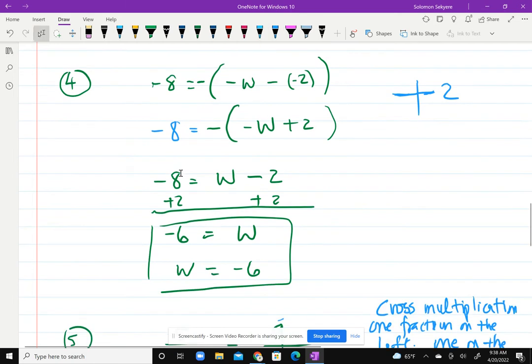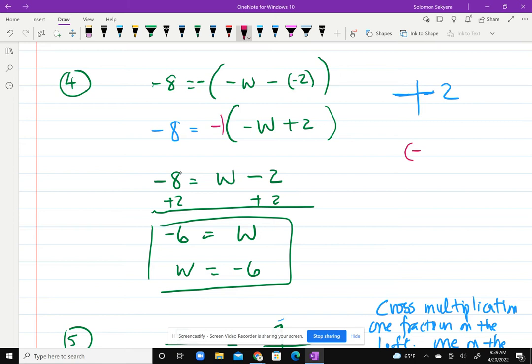We need to remove the parentheses, right? Okay, so this negative, actually there's a 1 here. So if you don't see a number there, just know that there is 1 there. So it is negative 1 that we are going to multiply through the parentheses. It's negative 1 times negative w.